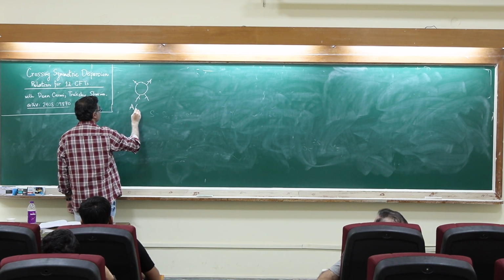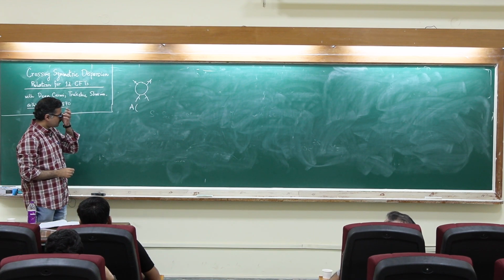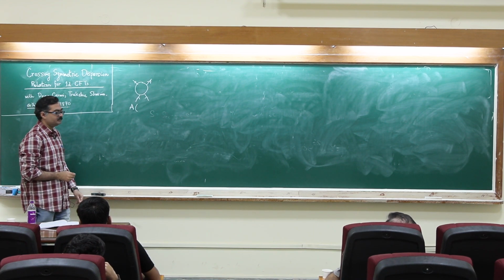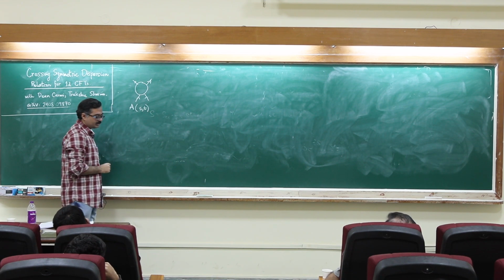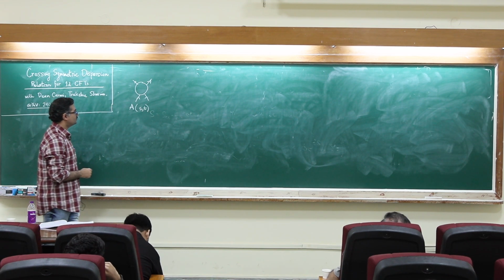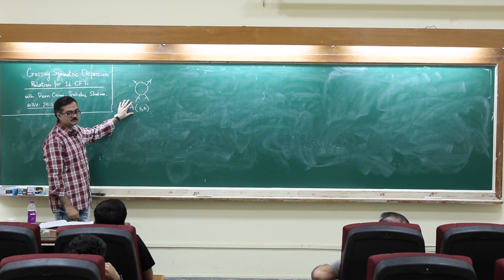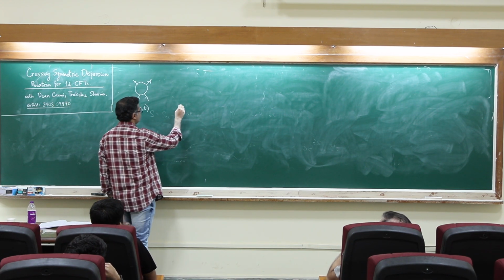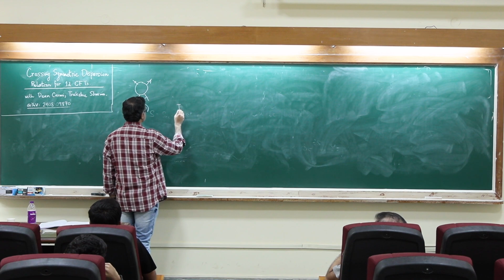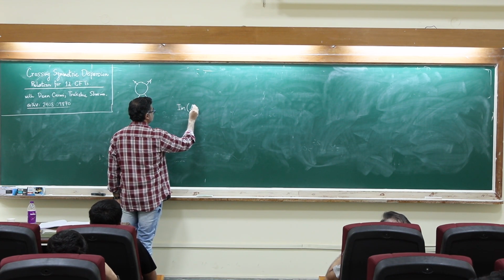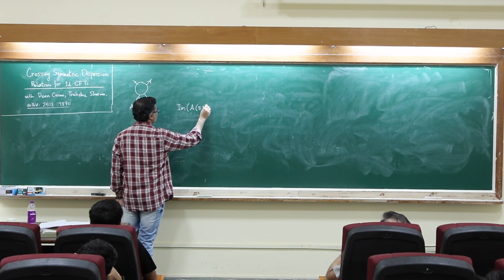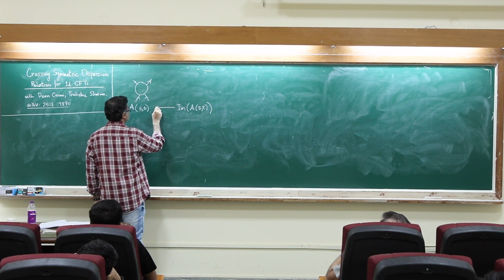Let's denote that by A. This is going to be a function of 2 Mandelstam invariants, let's call them S and T. And the idea is that we want to reconstruct this object from a knowledge of its imaginary part, or equivalently what is referred to as the discontinuity.